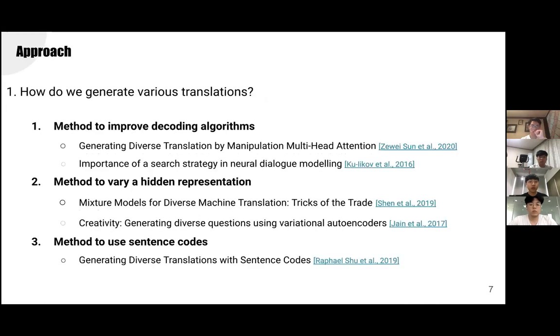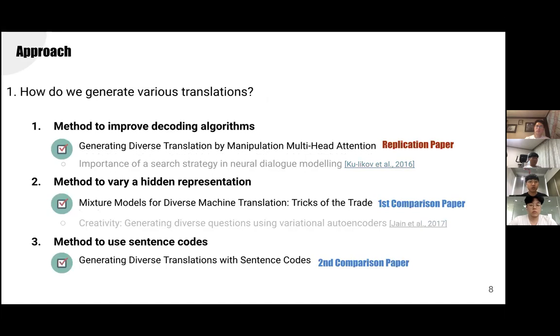There are three main ways to increase the diversity of translations: improving the decoding algorithms, varying a hidden representation, or using sentence code. Among these, the method to improve decoding algorithms could generate diverse translations while keeping the quality.